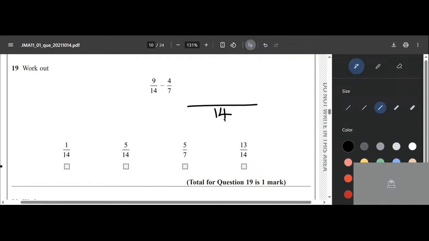So 14 divides 14 one time. 1 times 9, it is 9. Minus 7 divides 14 two times. Twice. So 2 times 4, it is 8. So I have 9 minus 8, it is 1 over 14. Therefore, my right answer there goes as A.